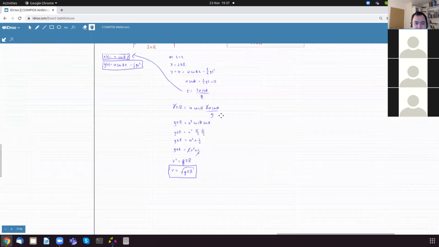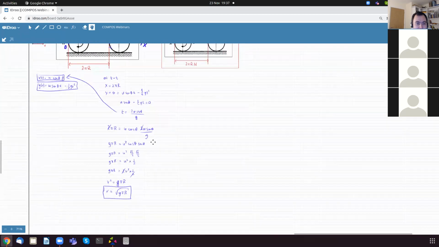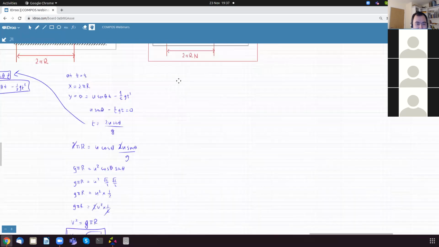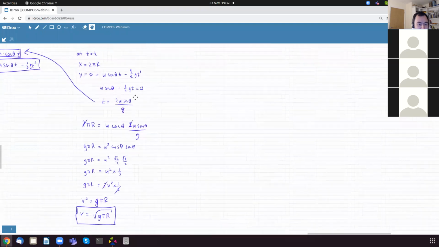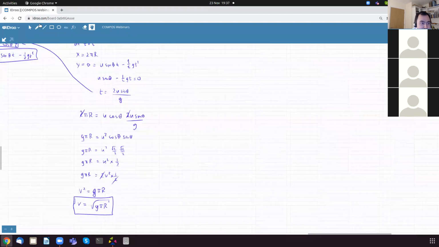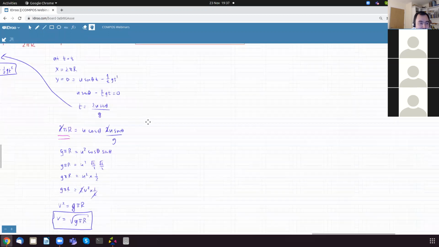Now, we have this expression after n rotations. But let's see if anything would be different for this one. The only thing different is this. This is where the difference occurs. So let's plug that in.